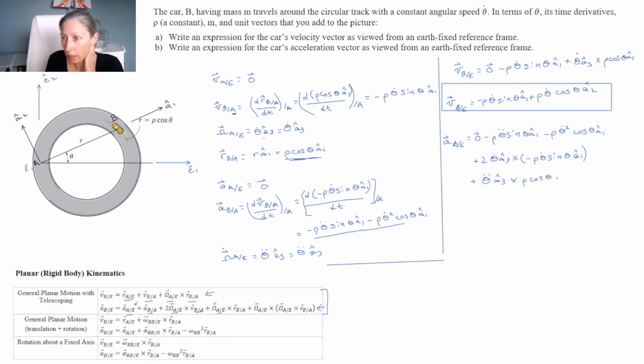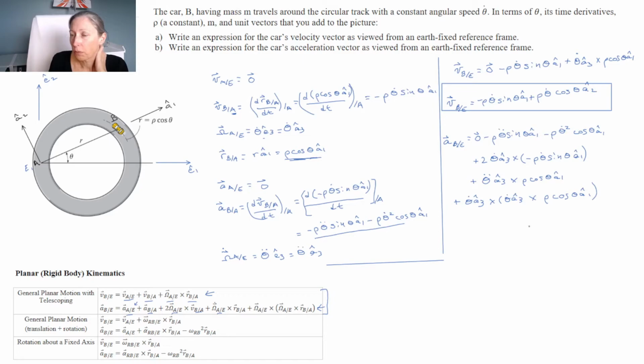And then plus, this last term is kind of long, so this is going to be omega of A with respect to E, so it's going to be theta dot A3 cross, again, theta dot A3 cross, again, the position of B with respect to A, which is rho cosine theta A1. Okay. All right, so that's not too bad.